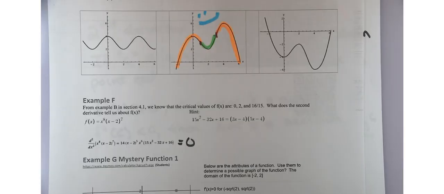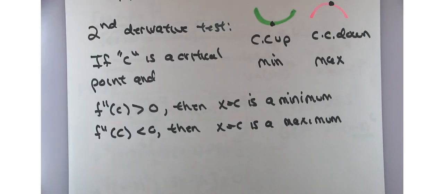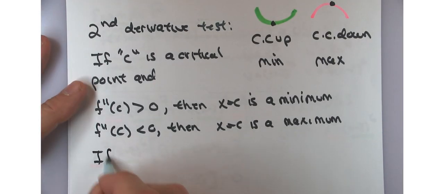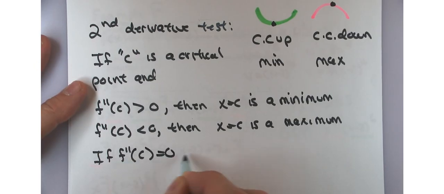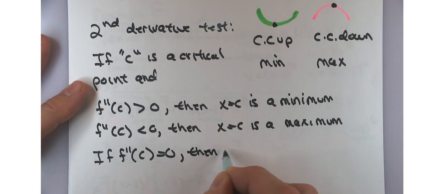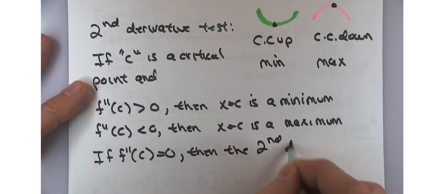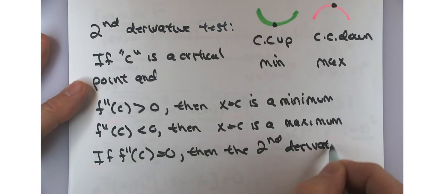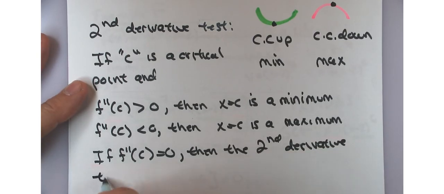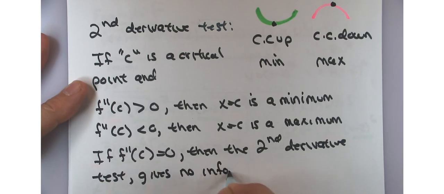We might not get any information on that. If f double prime of c equals 0, then the second derivative test gives no information. It's inconclusive.